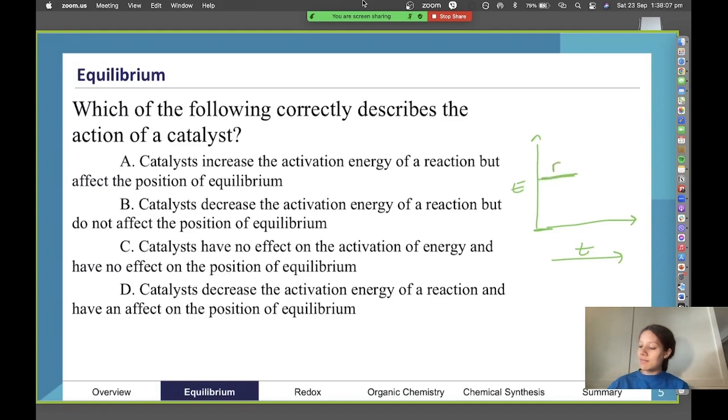So our activation energy is a certain amount of energy that we need to overcome before we can complete the reaction and end up with the amount of energy we need for our products. So if I wanted to label this, this would be our activation energy. So EA there.